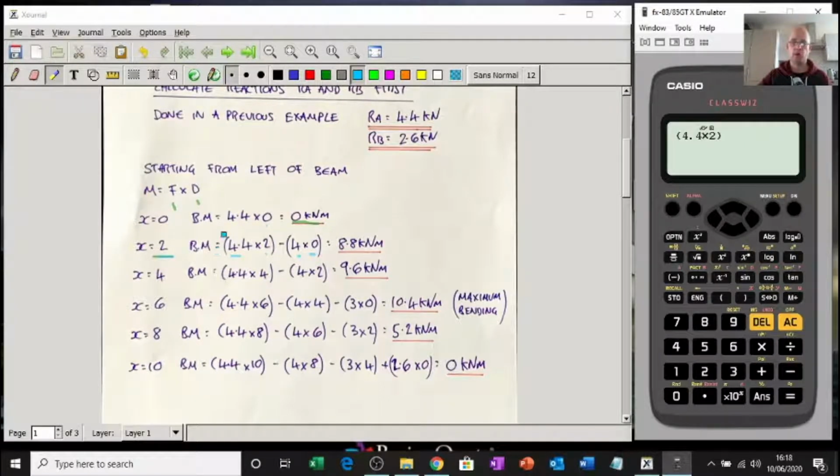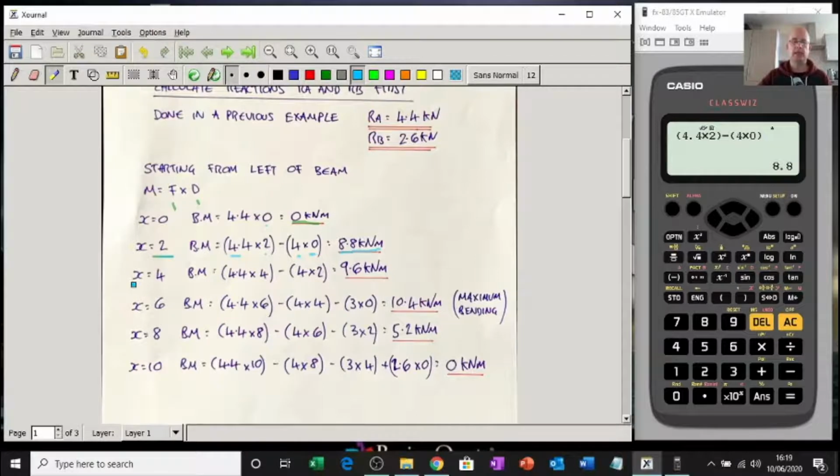That's going clockwise, so it's positive. This one's going anti-clockwise. Obviously, 4 times 0 is 0, so 8.8. Don't forget the kilo, because these are all kilo. So at x equals 2, 8.8 kilonewton meters. So we can plot that point in a bit.